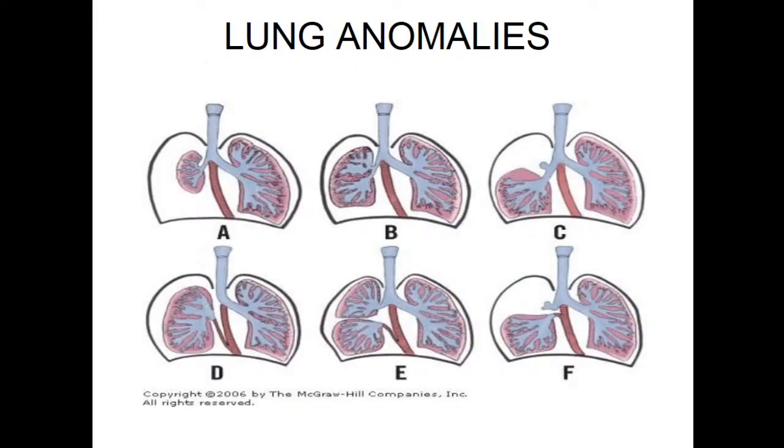And in the new slide you can see lung anomalies, different anomalies. Letter A is non-development of one lung, or small lungs, and below, B and C consequently.